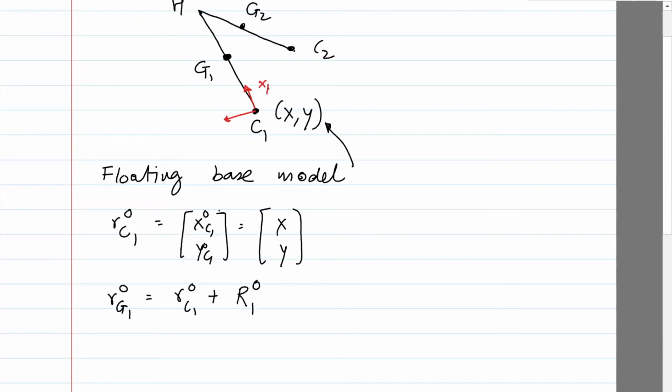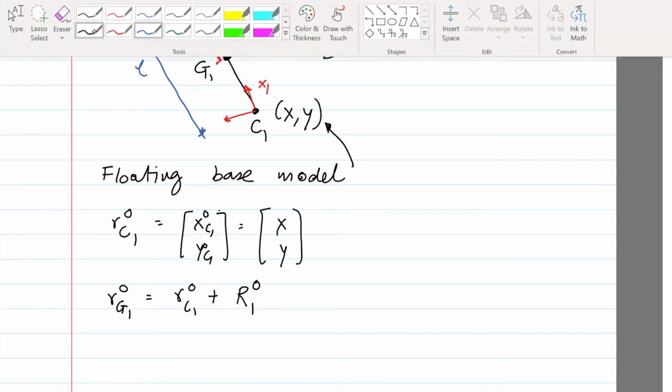X1, X2, and then if you remember, C is the length between H and G1, and the other length which you need to know is the length of the leg, which is L. Okay, now I'm set.